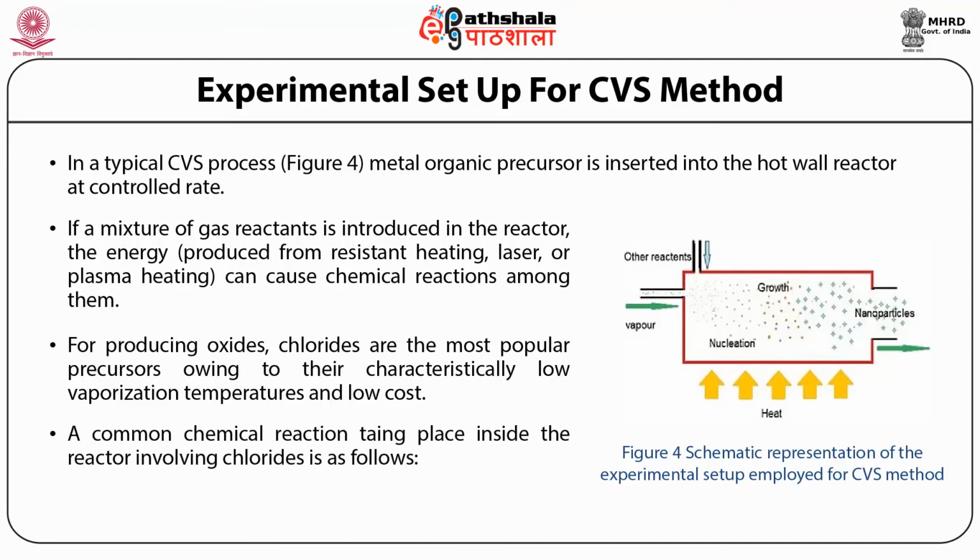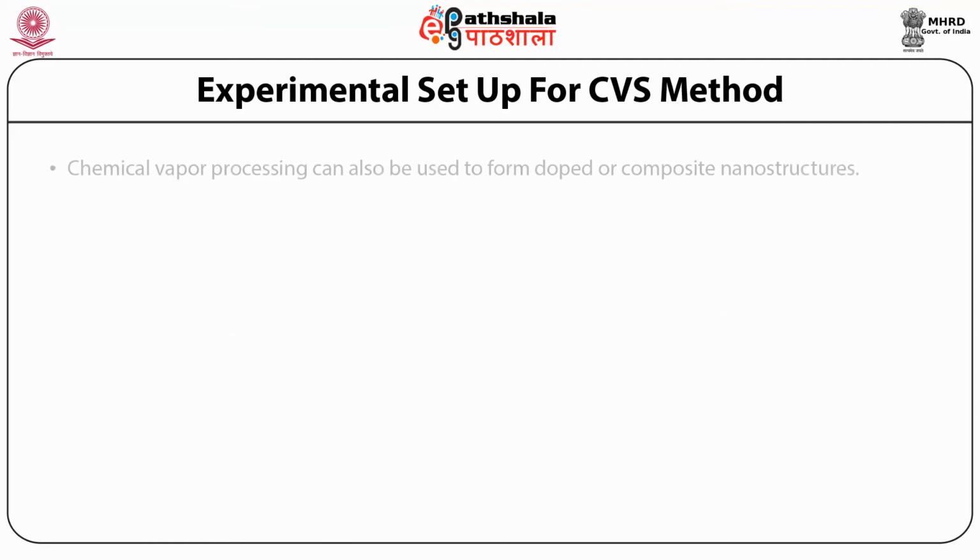A common chemical reaction which takes place inside the reactor involving chlorides is as follows: SnCl4 in gaseous phase plus 2H2O in gaseous phase will give SnO2 in solid phase plus 4HCl in gaseous phase. The chemical vapor synthesis method can also be used to form doped or composite nanostructures.